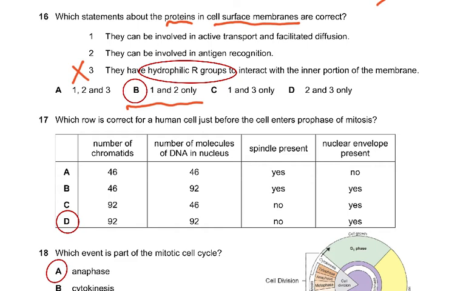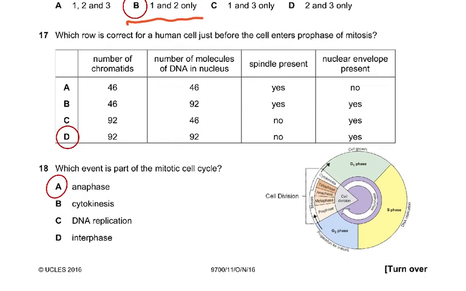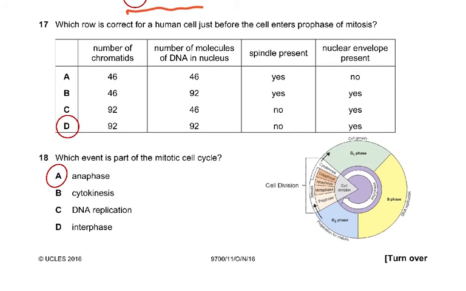Then coming to question 17. Which row is correct for a human cell just before the cell enters prophase of mitosis? So number of chromatids, number of molecules of DNA in the nucleus, spindle present, nuclear envelope present.